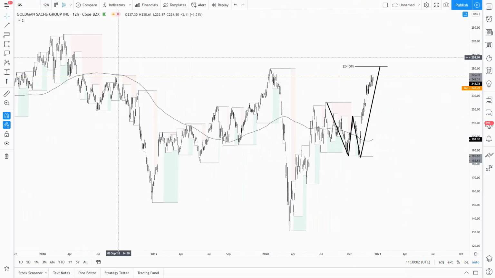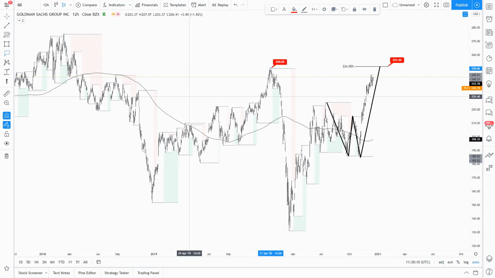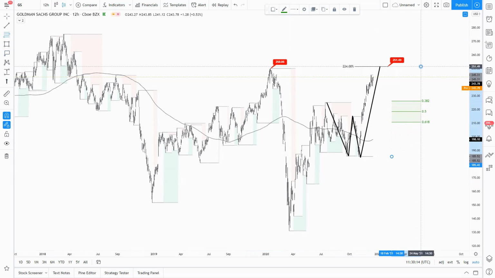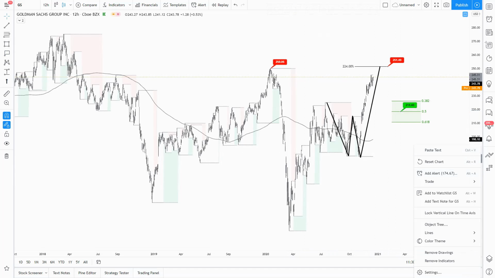Goldman Sachs, bearish shark pattern at the previous structure highs, projected at 251, previous highs at 250. Default target for that pattern, 50% Fib. Before moving higher, we may see a retracement for Goldman Sachs.